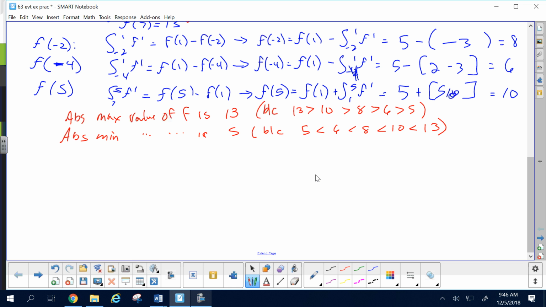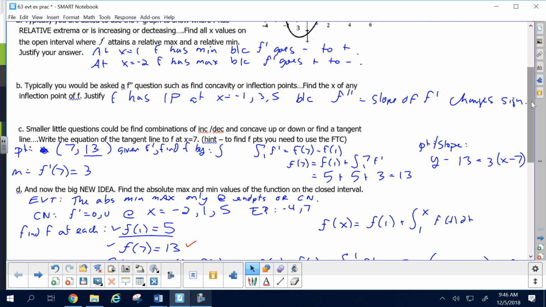Whatever makes sense. Okay? Are we cool? That's an absolute extrema problem. It usually involves a good deal of work, and it usually involves a good deal of points, 3 or 4 on a free response question. That should go well. The one below it is similar, but not identical. You should be good.